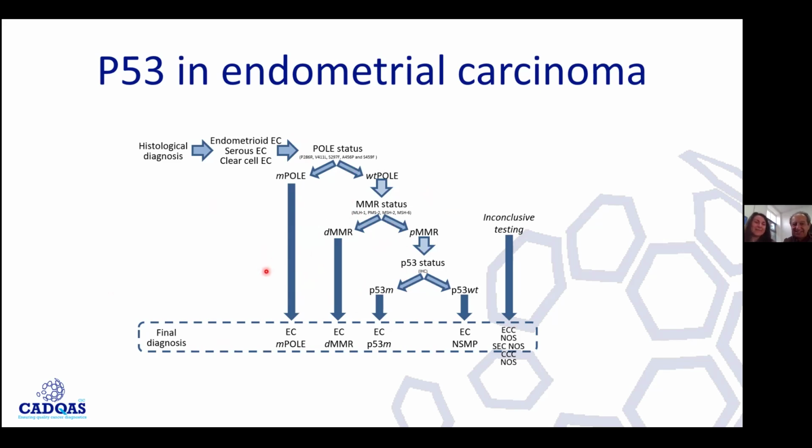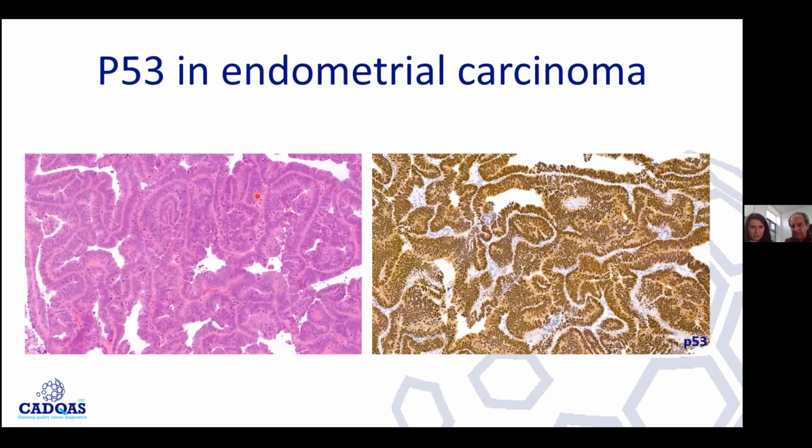It depends on the method of testing as well, because if you use NGS versus a PCR-based test. Yeah. But the problem is if you find P53 mutation in the absence of POLE, then the prognosis is the worst. While if the patient has a POLE mutation, it doesn't have the same significance. It doesn't matter if he has P53 mutation as well, because we regard it as a POLE result, whether it is or not.